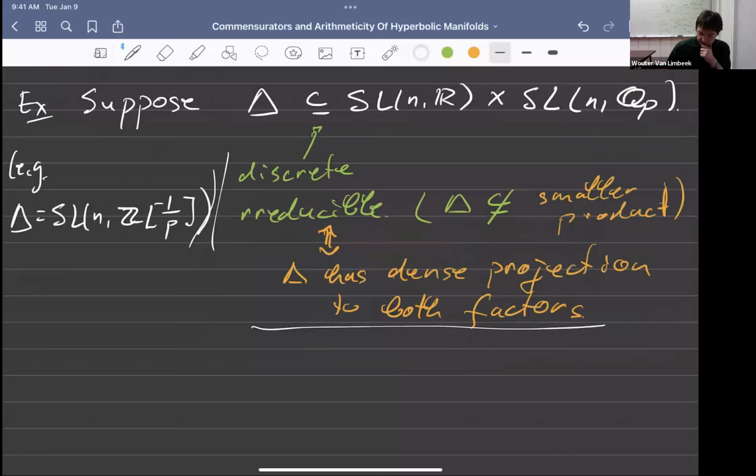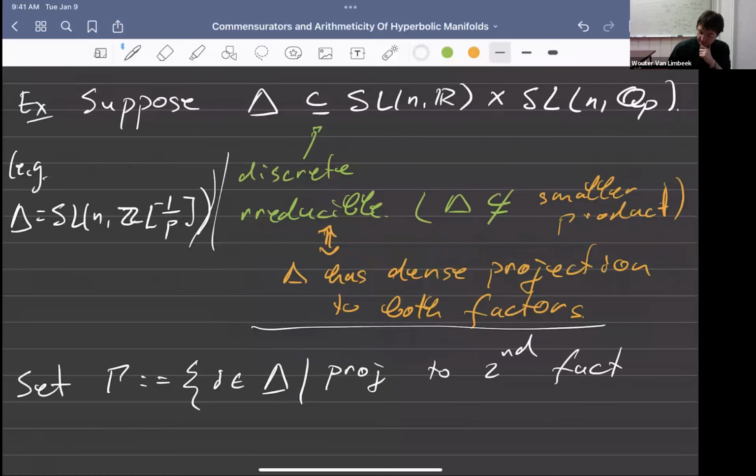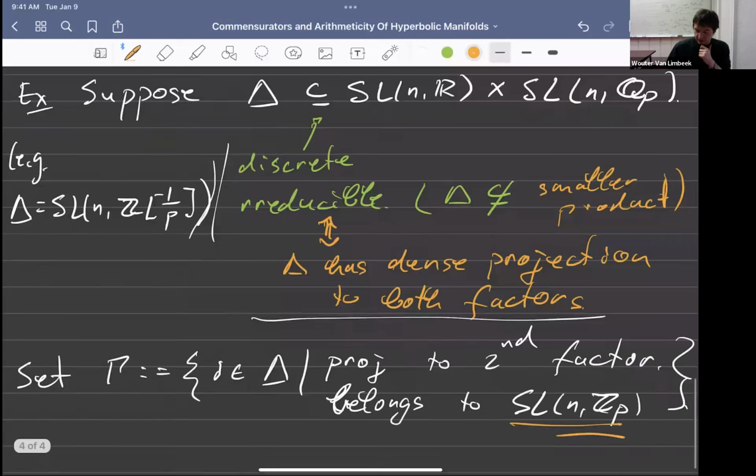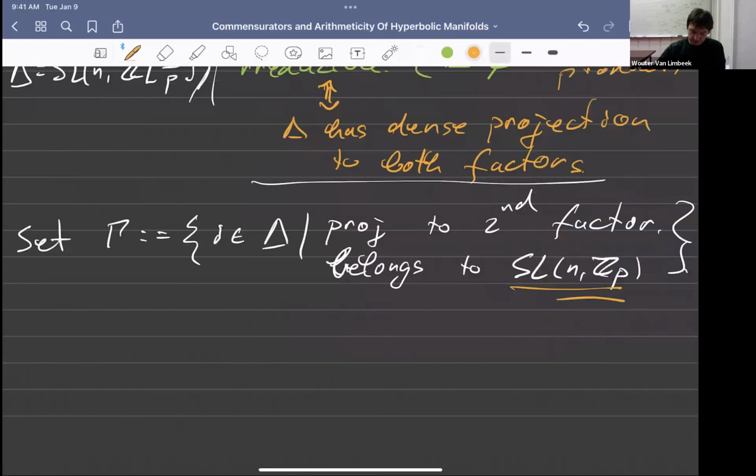Okay, then what you can do is set gamma to be all those elements of delta such that the projection to the second factor, which lies in this SLN(Qp), actually lies in the integer points, belongs to SLN(Zp). Okay, so that's some subgroup.